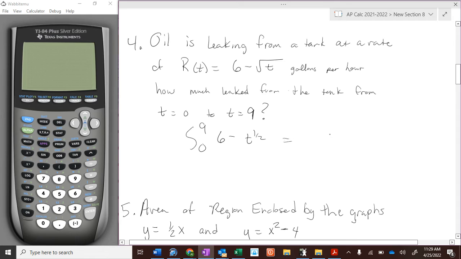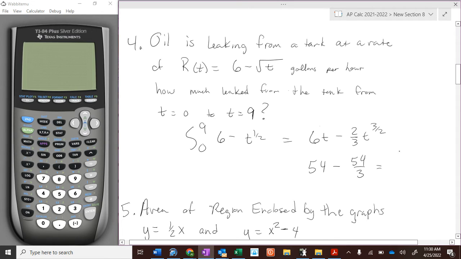Now, if Alex was here, he would write this out. So this is 6t minus 2/3 of t to the 3/2 power. And then you'd stick in a 9 and you get 54 minus, this is 27 times 2, which is 54/3, right?